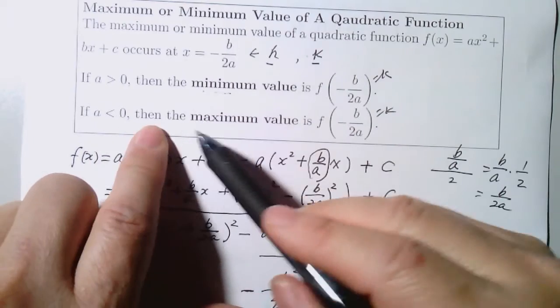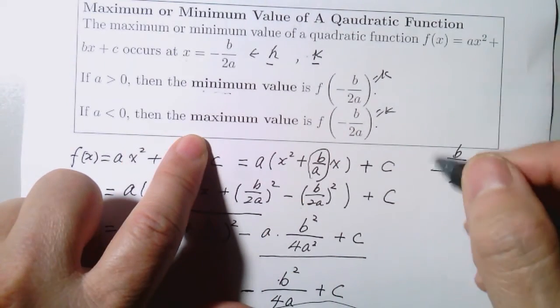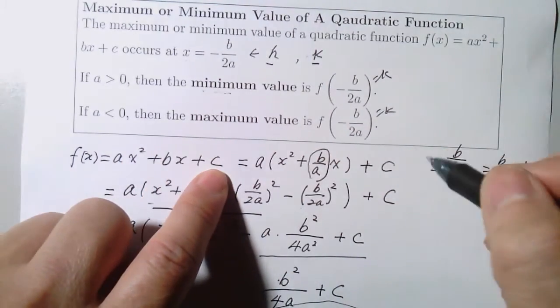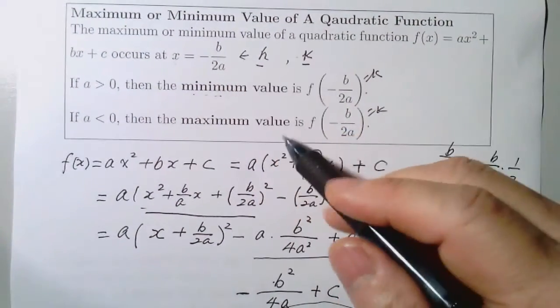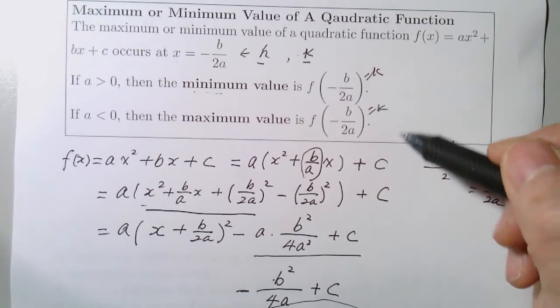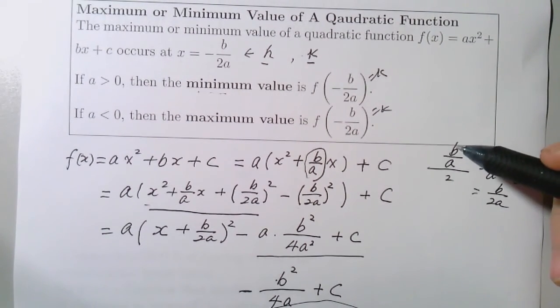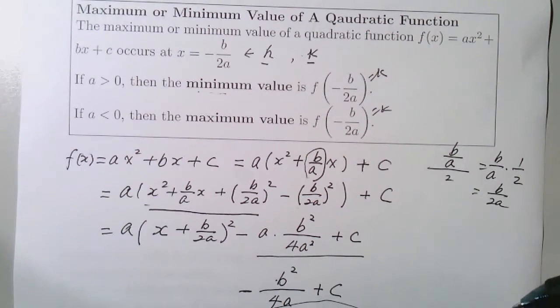If a is less than 0, the graph opens downward, so it has a maximum. So you don't have to remember how to complete the square if you remember how to use this formula.